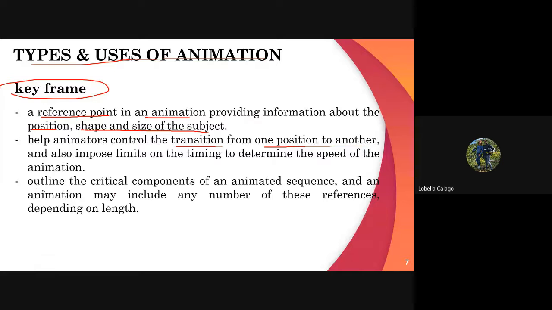It outlines the critical components of an animated sequence, and animations may include any number of these references depending on the length. That is what we call the keyframe. Later on, we will learn more about it in the deeper part.